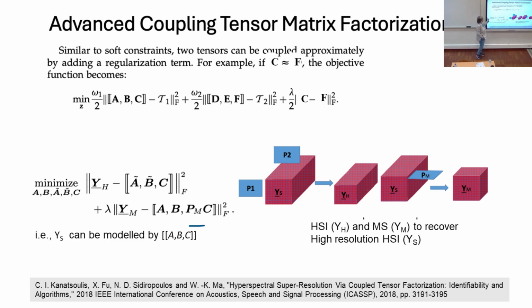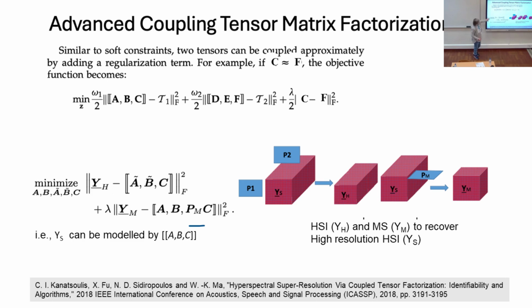If you assume that one of the modes is in common, or is not in common as in this case but related, you can have a term in your loss function that says that, for instance, the spectral dimension in the decomposition should be equal or similar up to a small function. Then you can solve this and you can recover all the factor matrices that allow you to combine together the images.